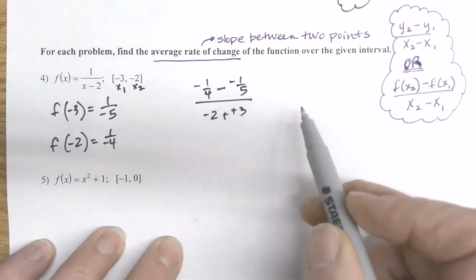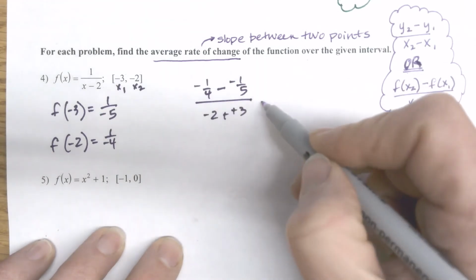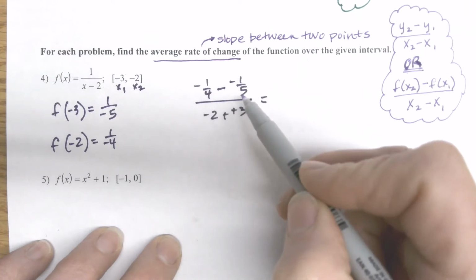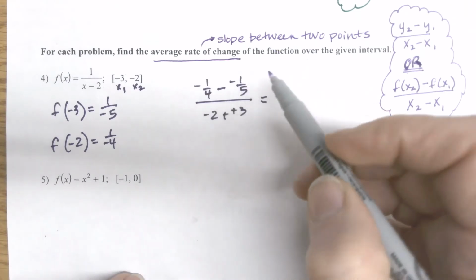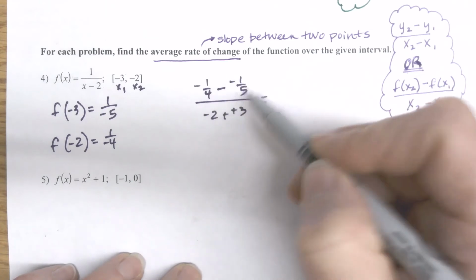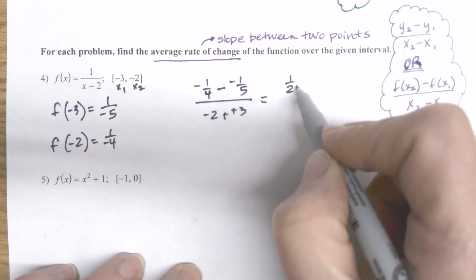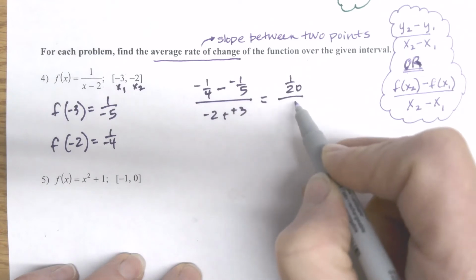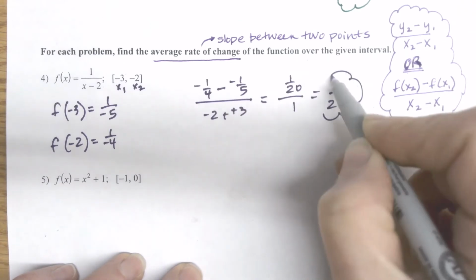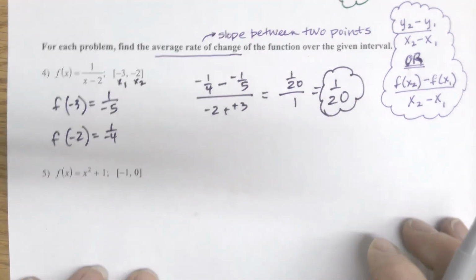And then I just have to evaluate and do that however you need to do it, calculator or not. I have negative 1/4 plus 1/5. Looks like 1/20 over 1, and so my final is 1/20. That would be my average rate of change.